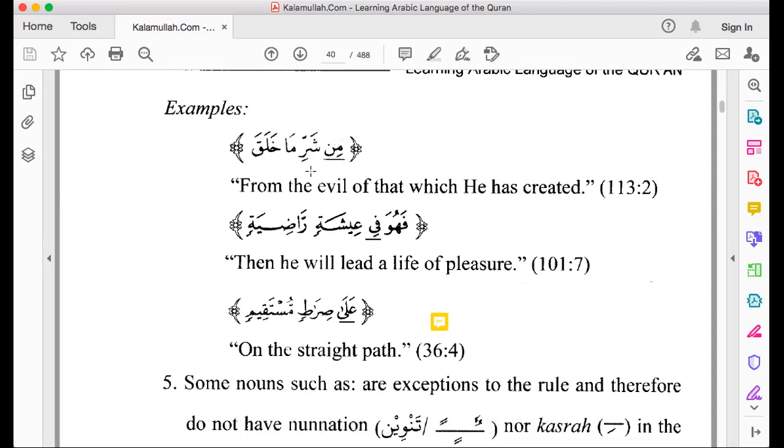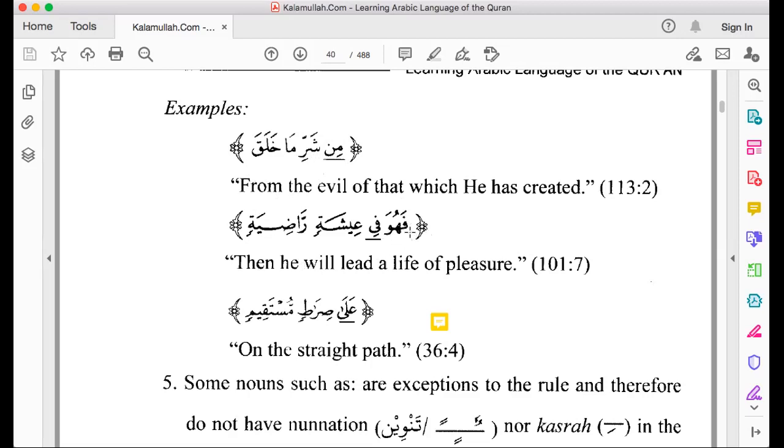Min sharri. The reason why this is kasra, evil, is because there's a preposition coming before it, pulling it down to have a kasra. It's because of this preposition. From the evil of that which he created, ma khalaq.